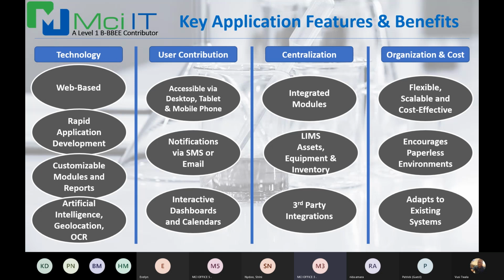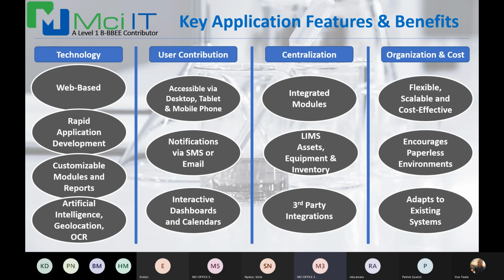So by integrating all of that into one system, we cancel out the risk of segregation and inefficiencies as well. So as I mentioned, the modules that are integrated would be the LIMS module, the assets module, and then we have the quality management as well.